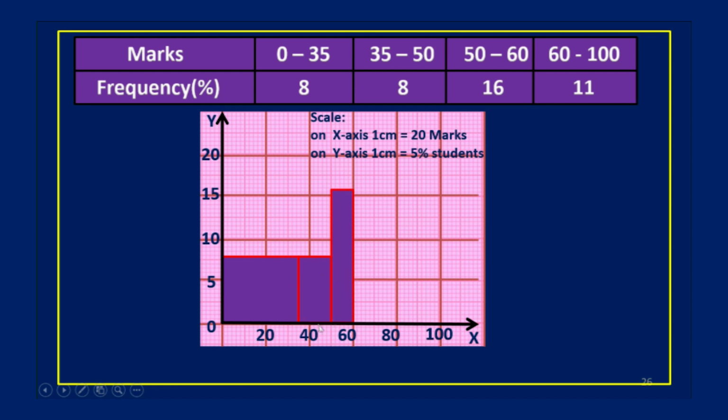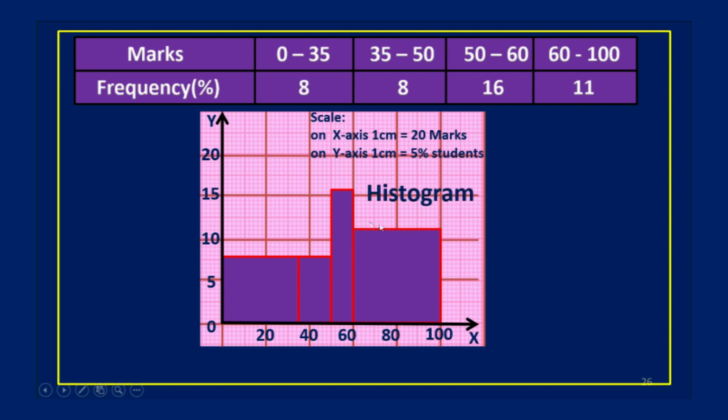Next 50 to 60, the length is 16. How to take 16 children? After 15, second line. Now 60 to 100 is 11, which means after 10, second line. Children, are you observing here bars with different widths? Yes, this is a histogram, with different widths.